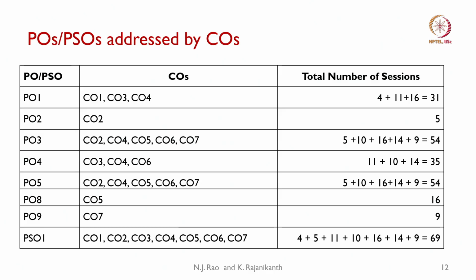That means all the COs are going to address that PSO. And then I add up for every PO. I identify the number of hours associated and make a list like this. See, 31, 5, 54, 35, 54, and so on.